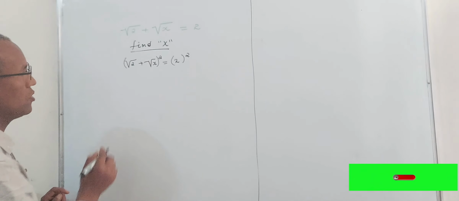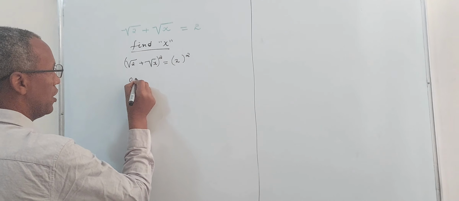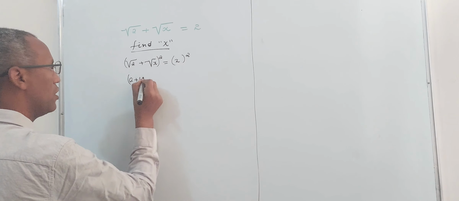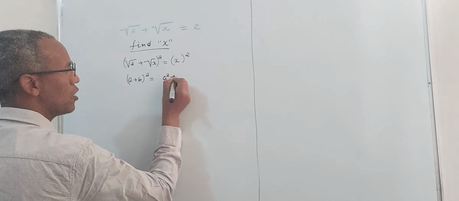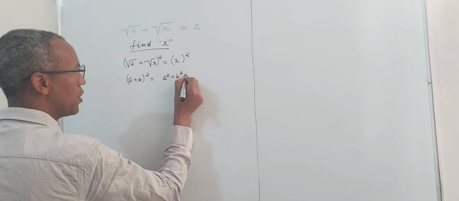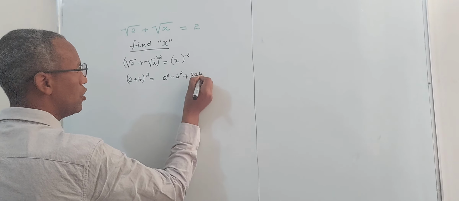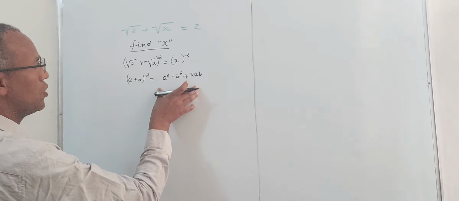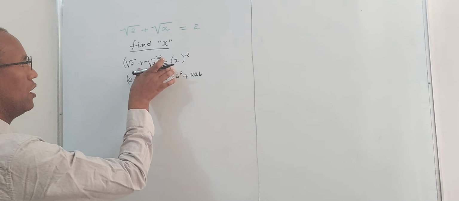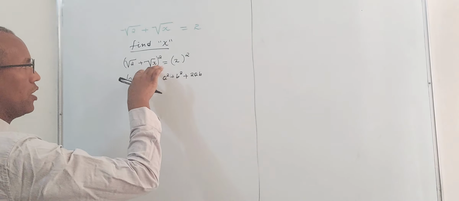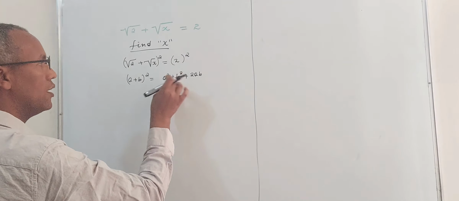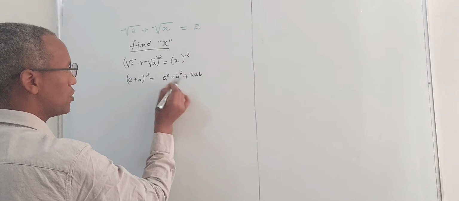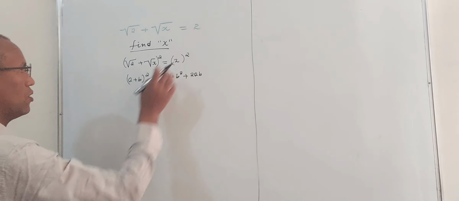Using this relationship, (a plus b) the whole square is equal to a square plus b square plus 2ab, right? So now you can use this relationship to write this equation.